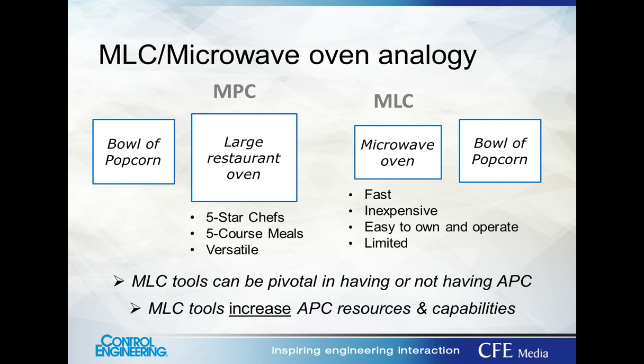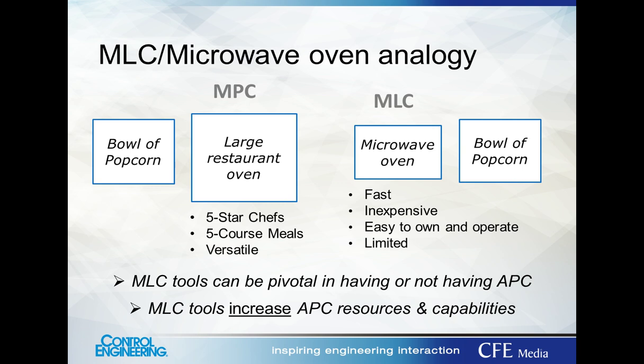Another important way that MLC is like a microwave is that it increases or can increase APC capabilities and resources. The concept of MLC strikes some people as an additional load on already stretched APC resources. But agility means MLC is much easier to own and operate.